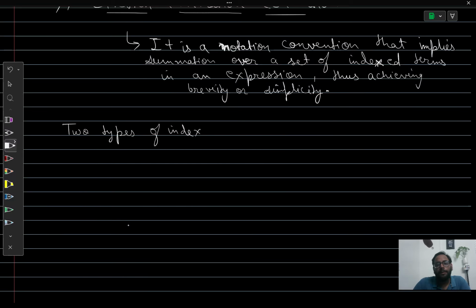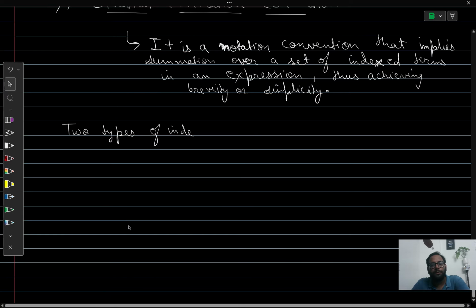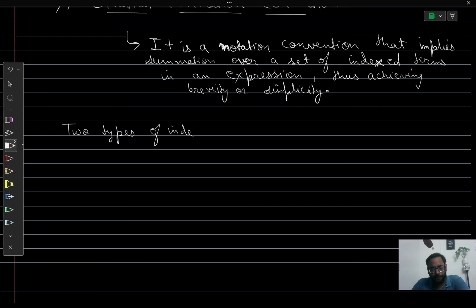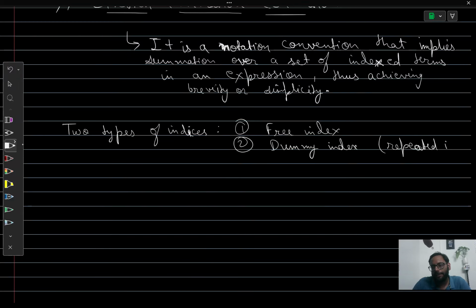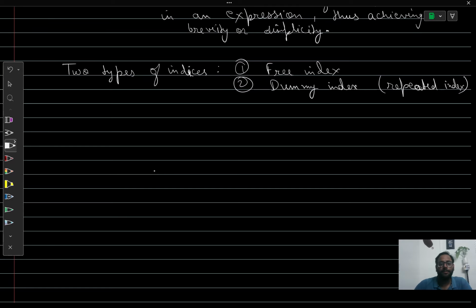First, a free index, and second, a dummy index, also called a repeated index.